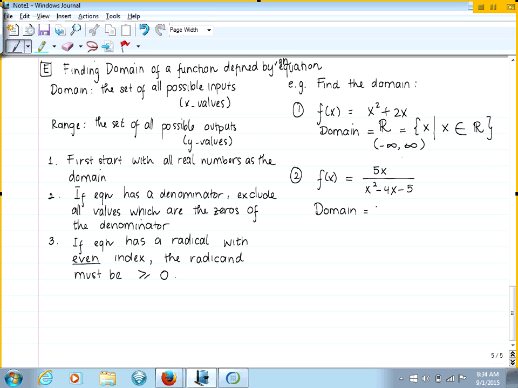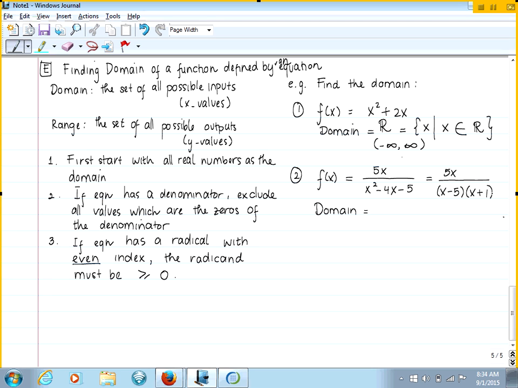So what's the domain? Let's factor the denominator. Can we factor the denominator? What is this? x minus 5, okay. x plus 1, yes.